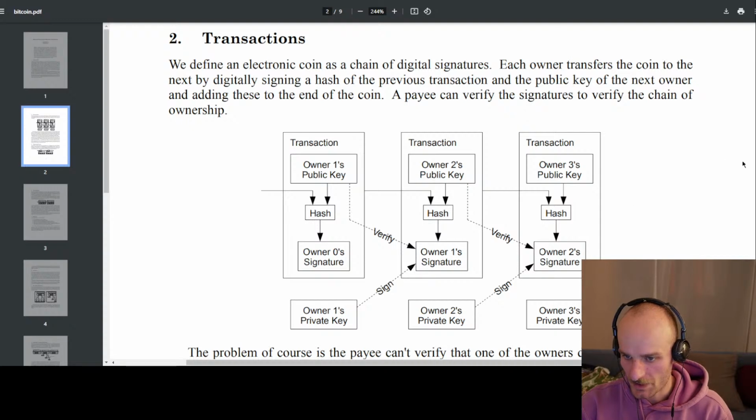So owner 4 will say, okay, you signed a transaction involving this token here, I can verify that it was you. He goes back to owner 3's public key, and then he can arrive at owner 0 going backwards and saying, okay, this token was signed by owner 2 before owner 3, and then by owner 1 before owner 2, and by owner 0 before owner 1.